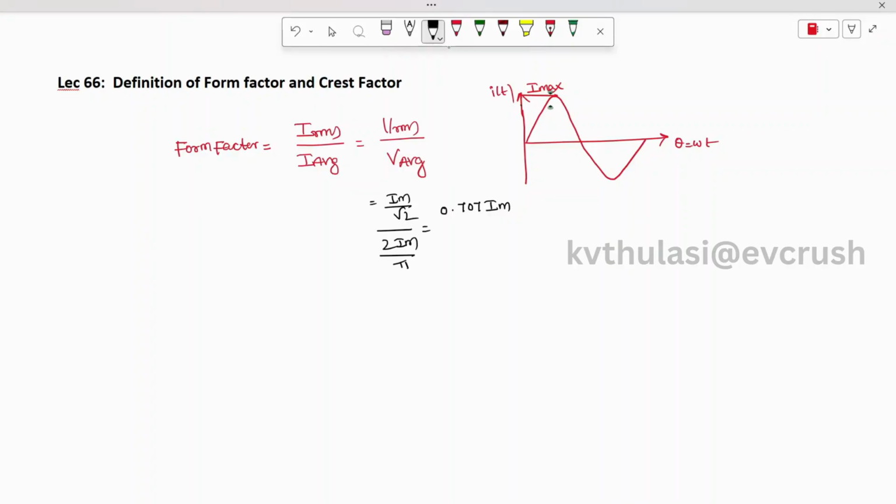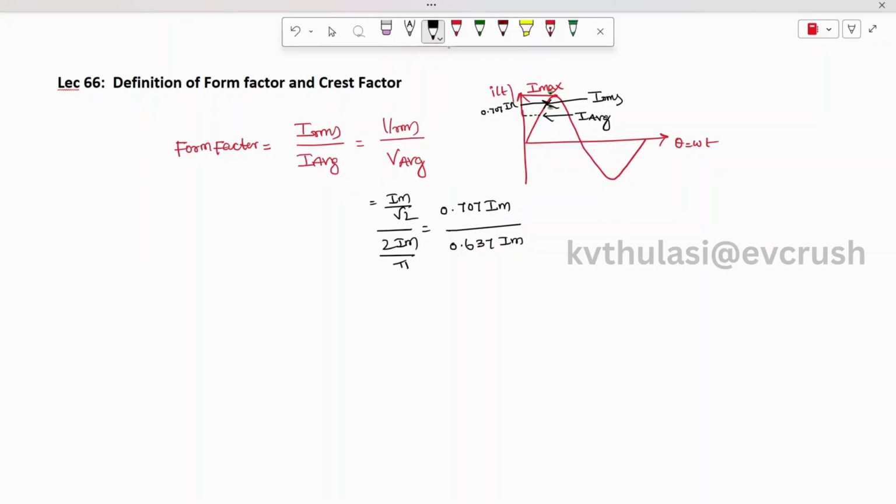So in this waveform, this magnitude of current is called I RMS. And 2 Im by pi is 0.637 Im, I mean 63 percentage. So this is the 63 percentage where we are going to get the I average value. Like this you have marked the maximum value, RMS value as well as the average.